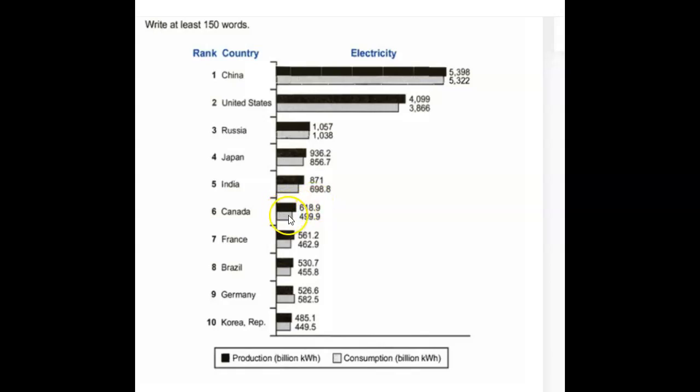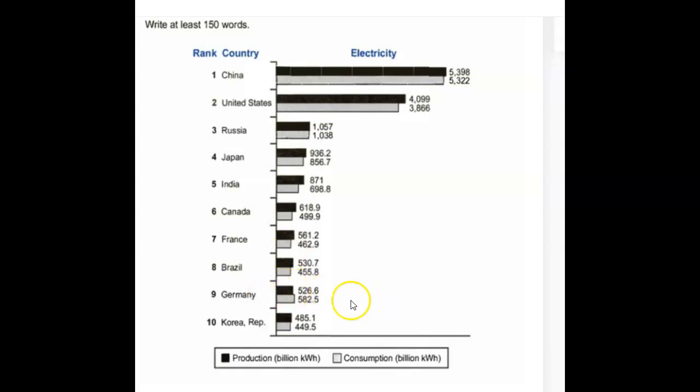And then I would talk about this. I would say that this was 618, whereas this was 500. The rest of them were all between 450 and 560 for both production and consumption.